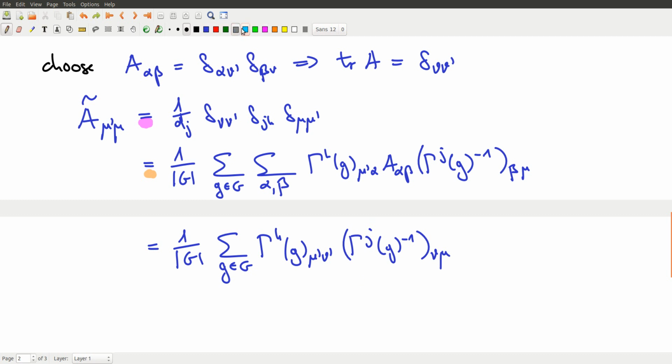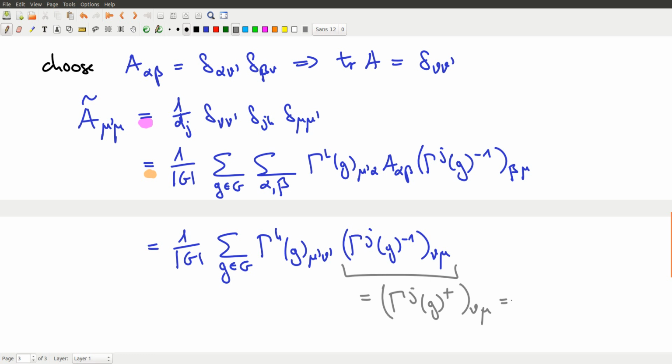And finally, let's use that our irrep is a unitary irrep. So instead of gamma j of G inverse, we can write gamma j of G Hermitian conjugate, and we take the nu mu element of that.